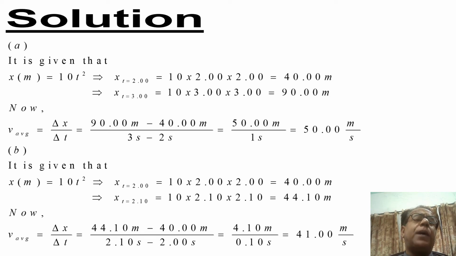Now we come towards part B. It is given that x is equal to 10t square. This implies that x at t equal to 2.00 is equal to 10 into 2.00 into 2.00, which alternatively becomes equal to 40.00 meter, in the same way as in part A. Okay, to this extent there is no difference.